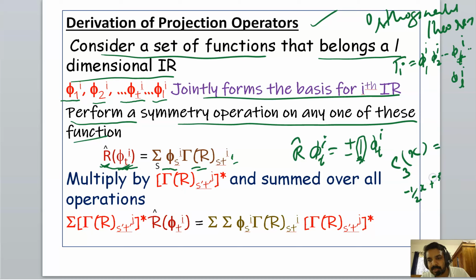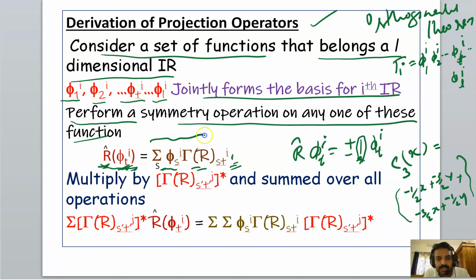This can be written in a general form like this: sigma s, where s is any arbitrary number, phi s i gamma r s t i. That is the general result of the operation R on a function. We get a linear combination of functions, like minus 1 by 2 x plus minus 3 by 2 y, in the case of the C3 operation on x.